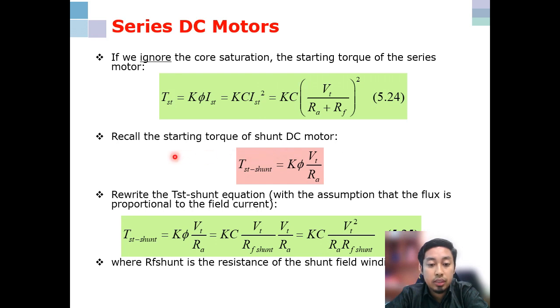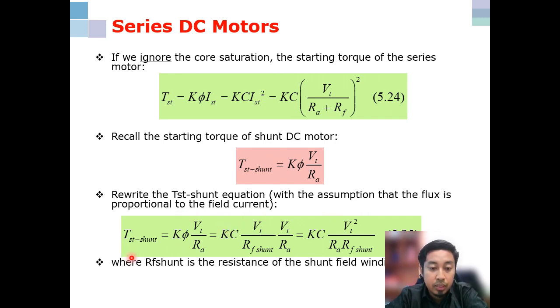Recall the starting torque of the shunt DC motor: T shunt is equal to Kv times phi times Vt over Ra. Rewrite the starting torque equation of the shunt with the assumption that the flux is proportional to the field current.